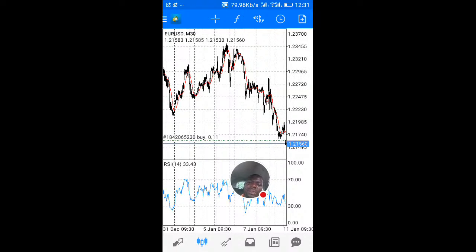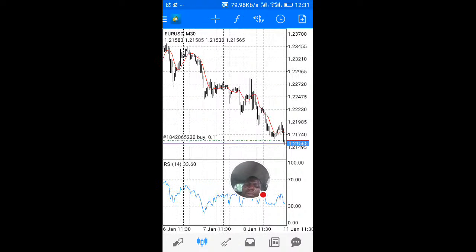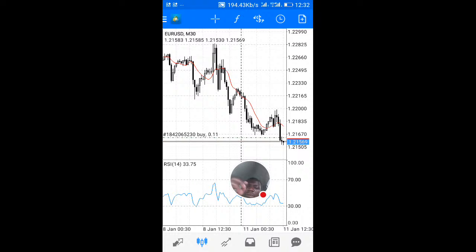But it's early to conclude that this is going to be a sell, because you can see the type of movement. But as it is showing now, it is likely to be a sell. But to which point? That is another question.